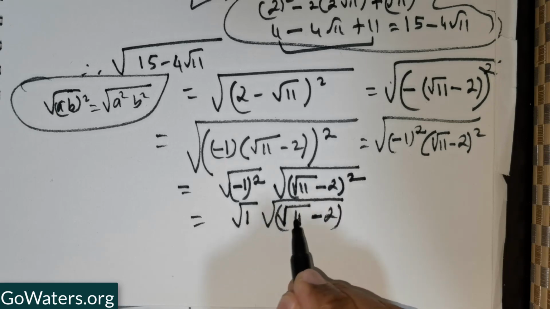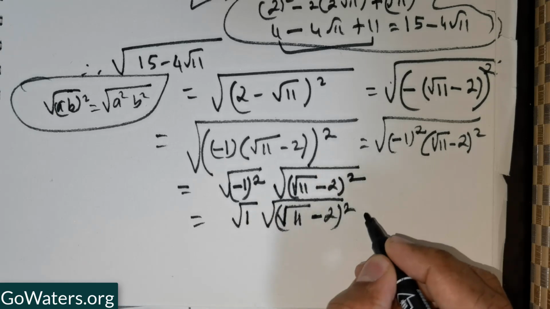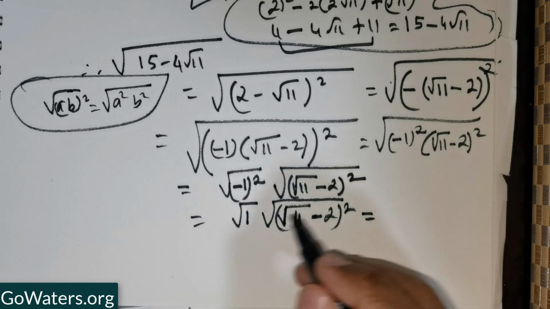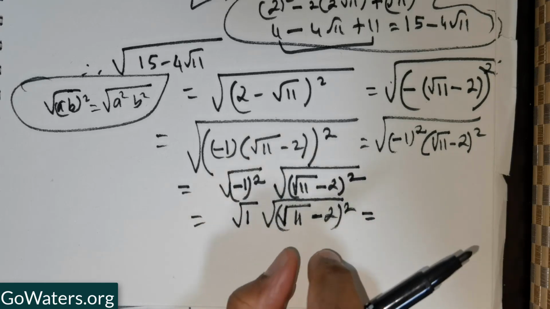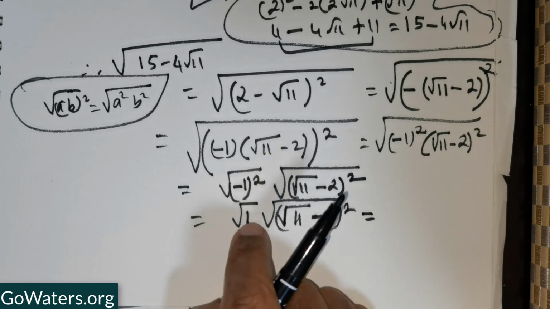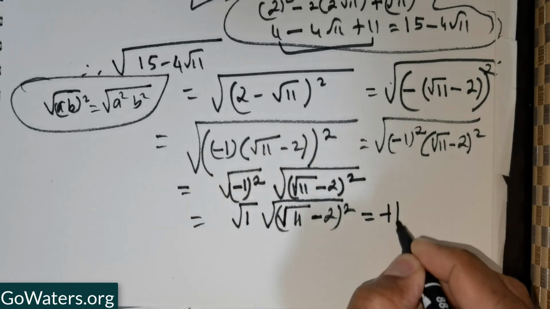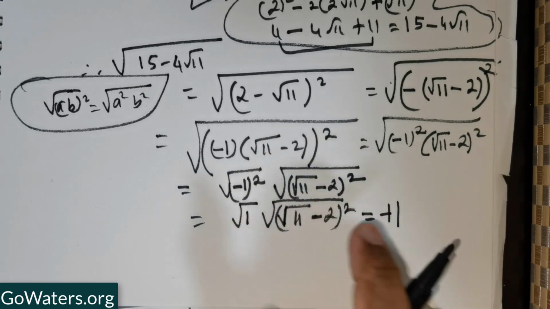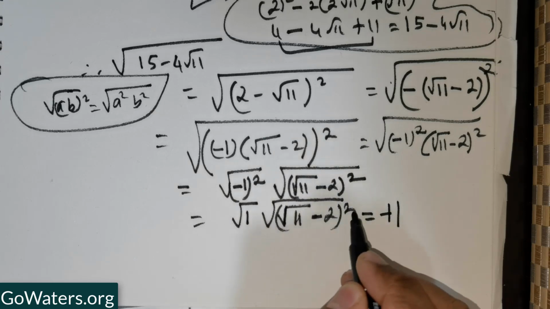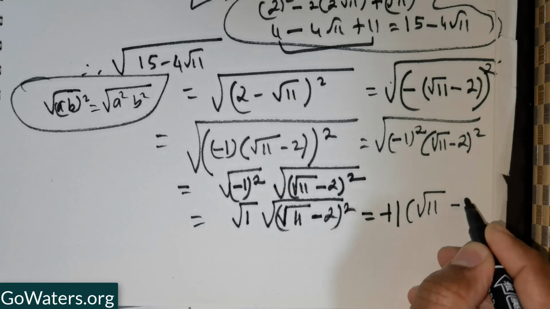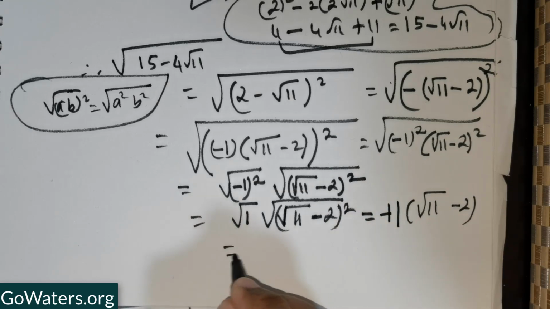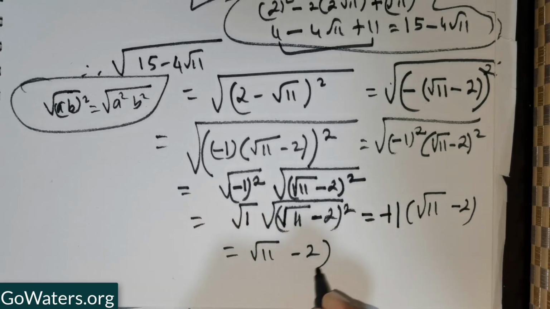This gives me root of 1, which is positive 1, and for the other quantity, the radical sign and the square cancel, giving me root of 11 minus 2.